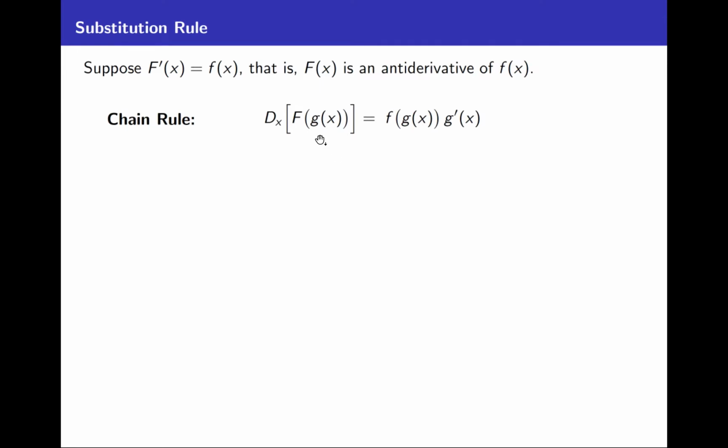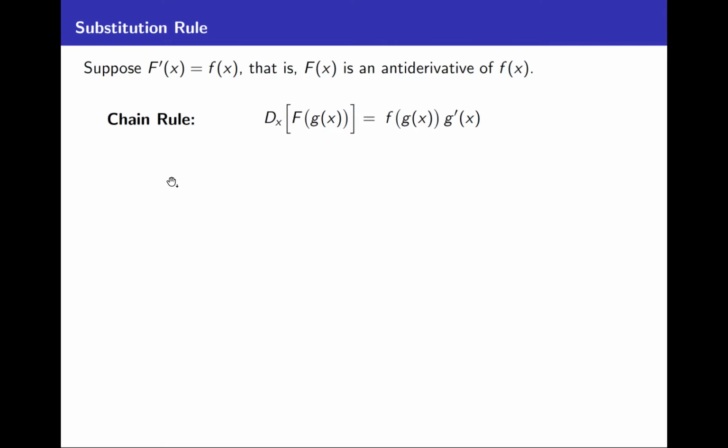What this equation is saying is that big F of g of x is an antiderivative of little f of g of x times g prime of x, because when you differentiate big F of g of x, you get little f of g of x times g prime of x.